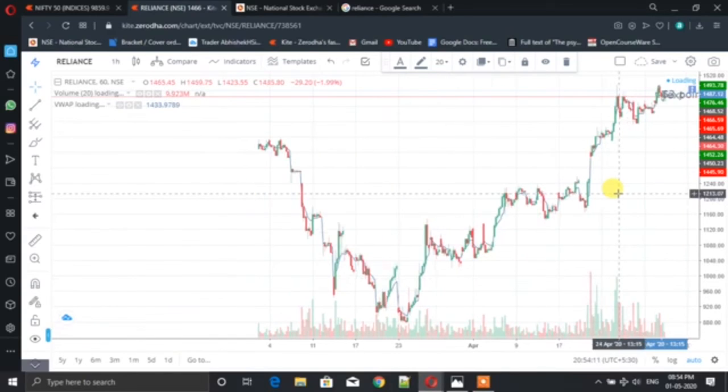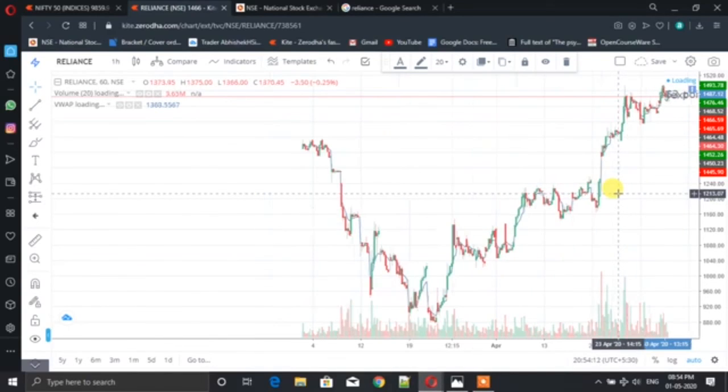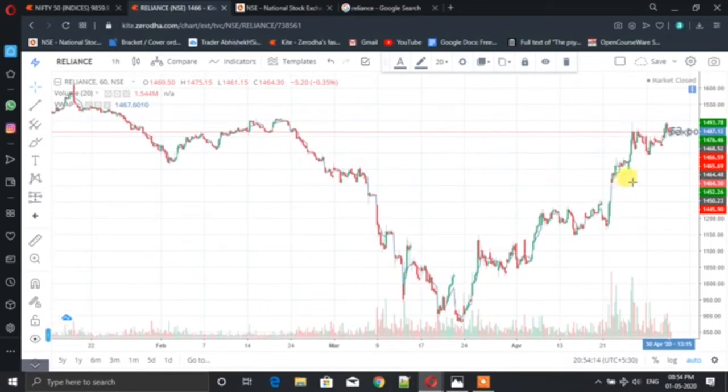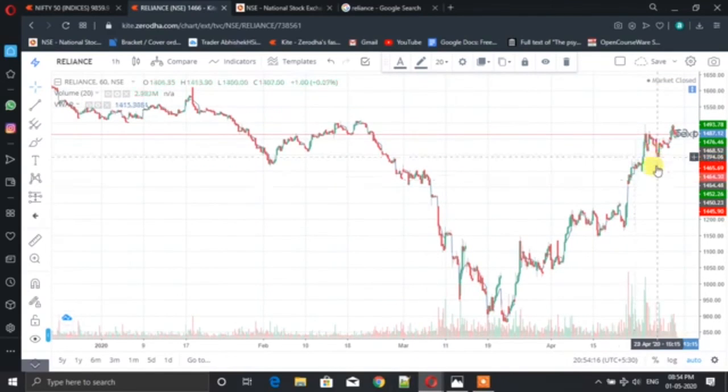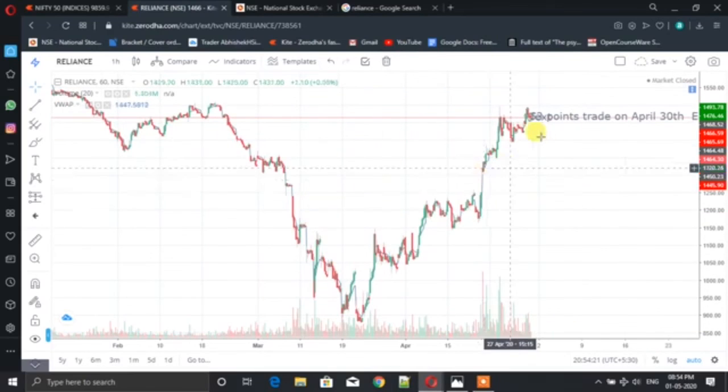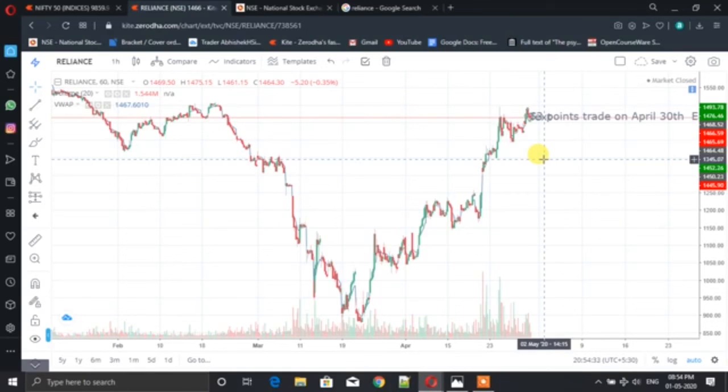This is too big. The market would test the region around 1,450. If that is not holding, it would come back around the 1,300 regions. It would enter the 1,350 regions. So let's see how it goes.